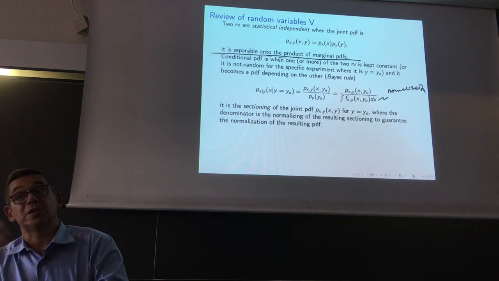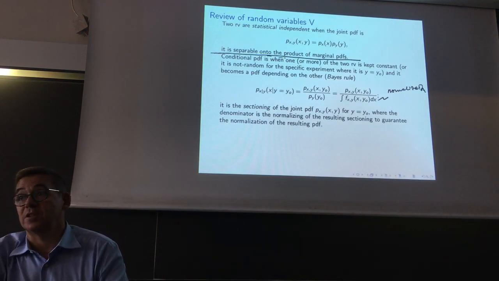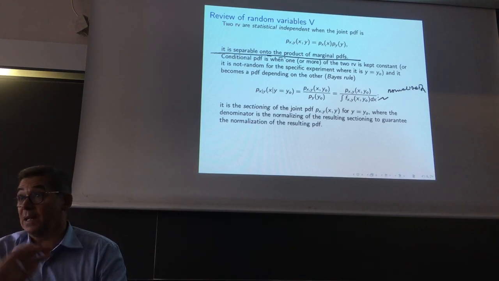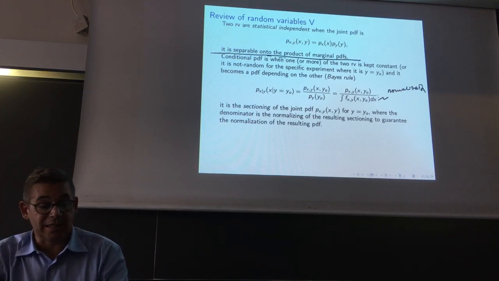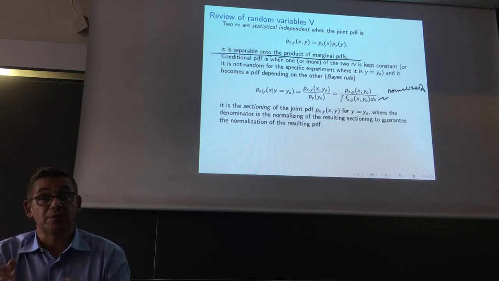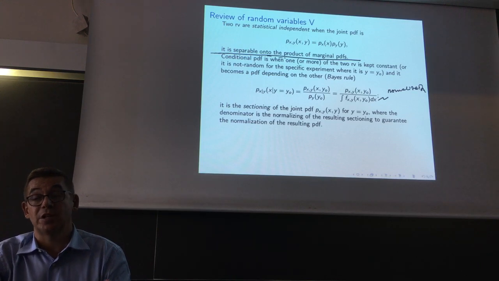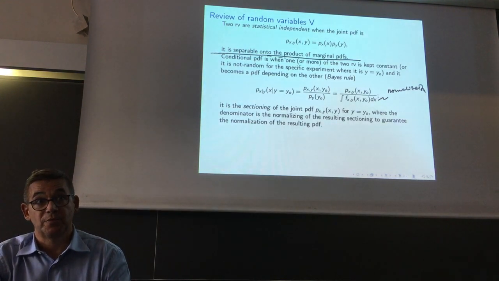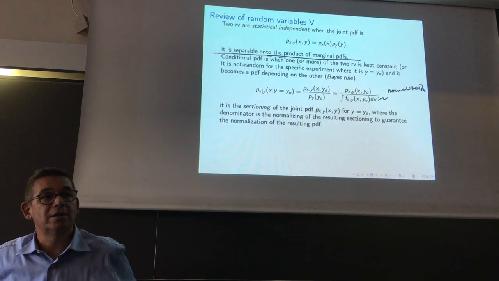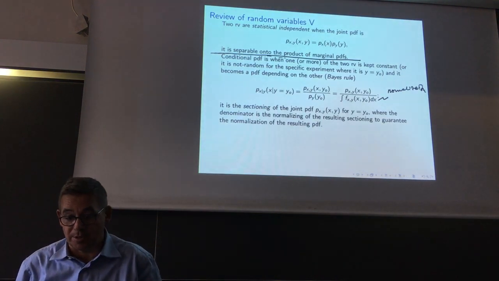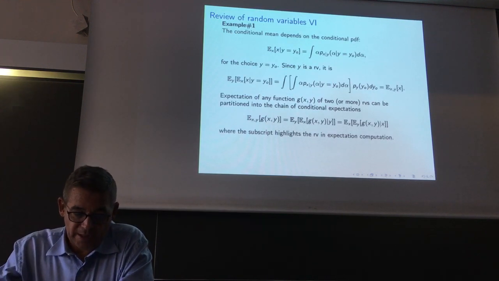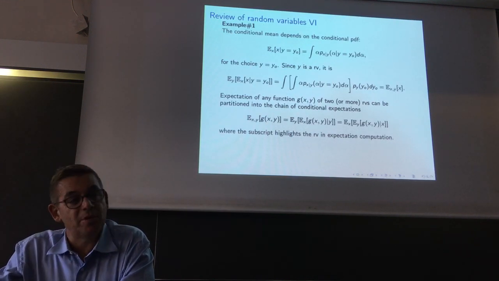Or the error with respect to the absolute time. So these are two statistically independent variables. Analytically, it means that the joint probability density function is obtained by the product of the marginal probability density functions, Px and Py.